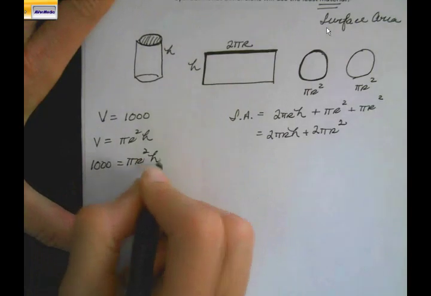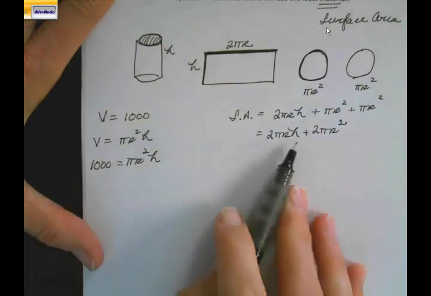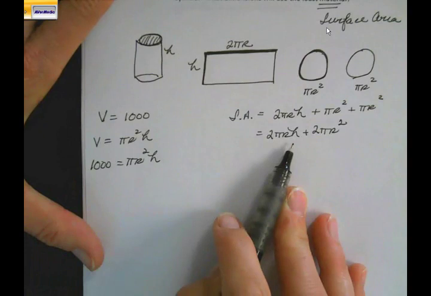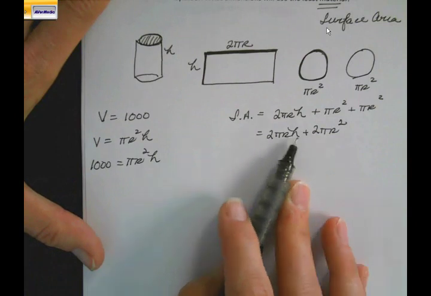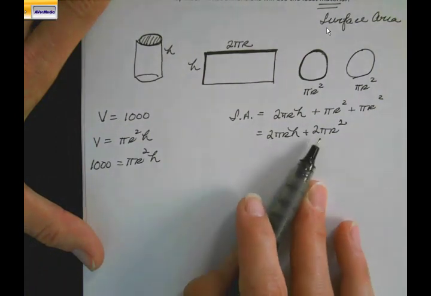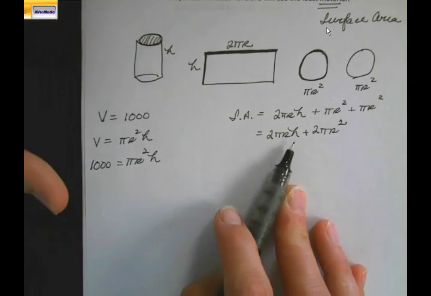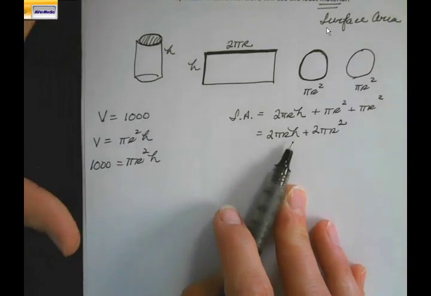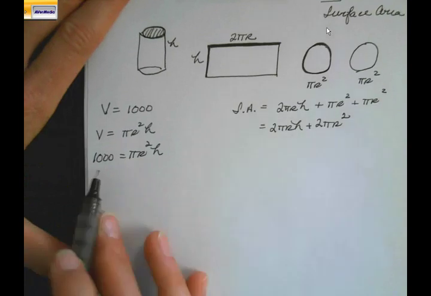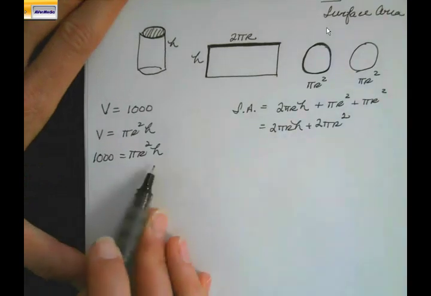So now we've used our given, and we know that this is the formula we're supposed to be minimizing. This equation has 2 variables in it, r and h. We need to get rid of one of them. I suggest we get rid of h. The way to get rid of h is to take this information and solve it for h.